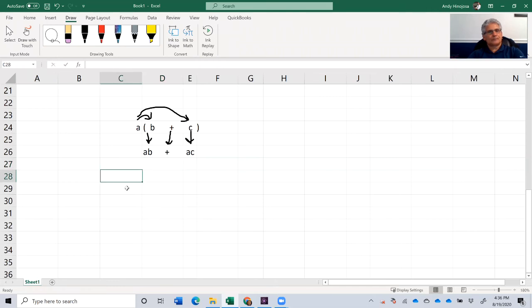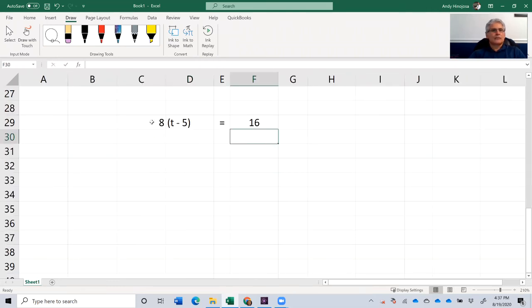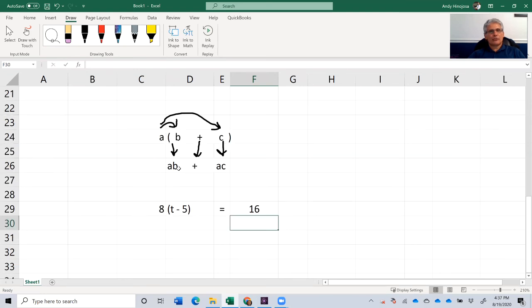So let's do that. Okay, so here we have 8 open parentheses t minus 5 equals 16. Well, if I use the distributive property that we learned, we should be able to take 8 times t minus 8 times 5.